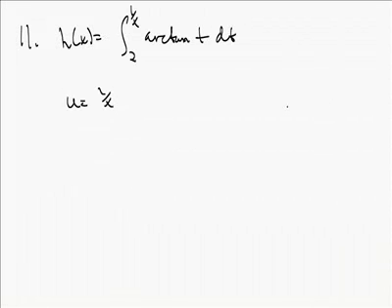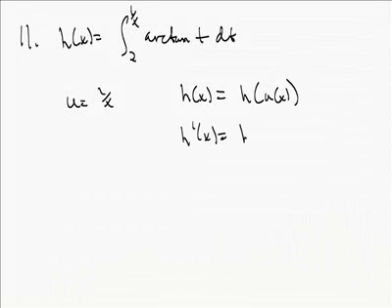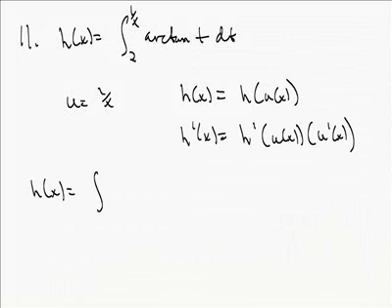If I let u equal 1 over x, then h of x is actually a function of u, h of u of x. And so what's the derivative h prime of x going to be? It's going to be h prime of u of x times the derivative of what's inside, u prime of x. So I can think of h of x as the integral from 2 to u of arctangent of t dt, where again u is a function of x.